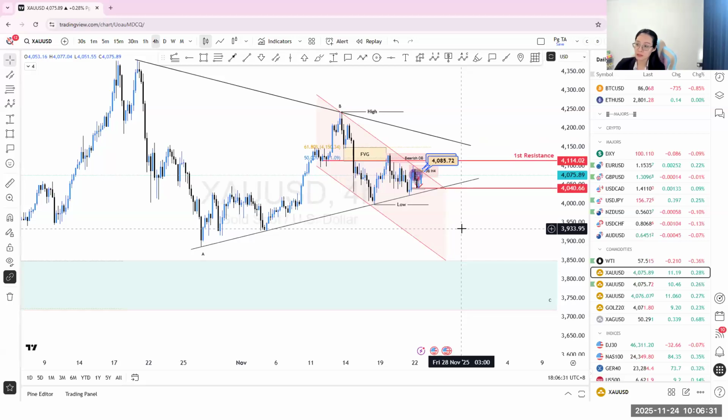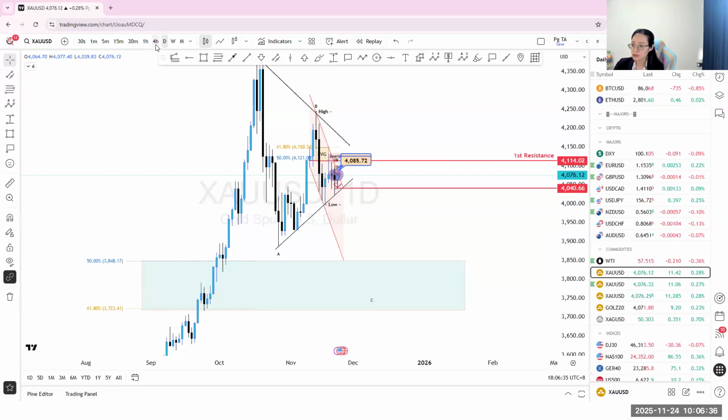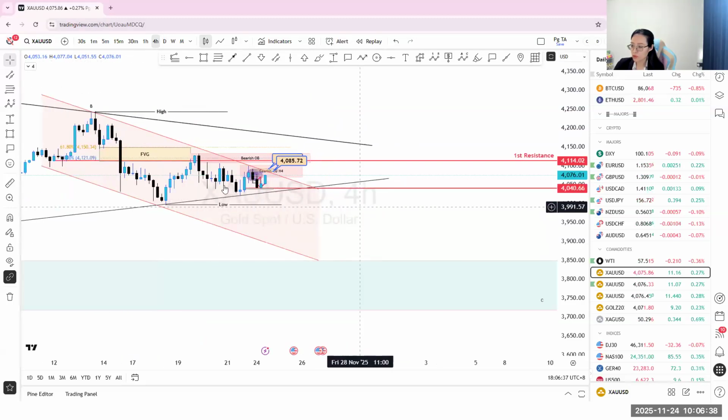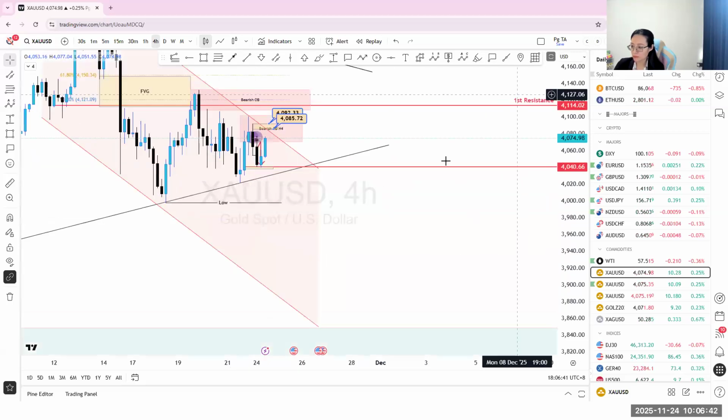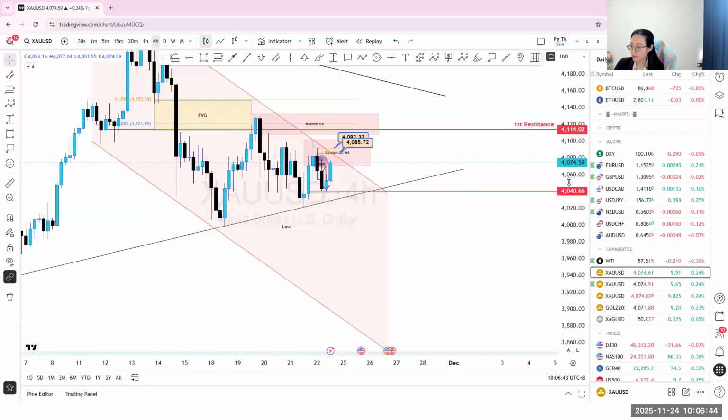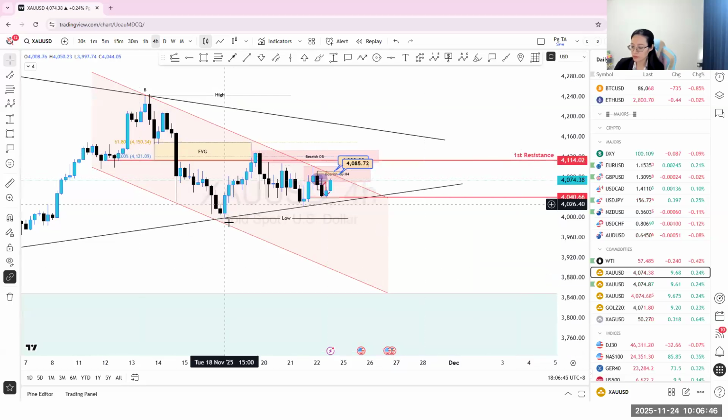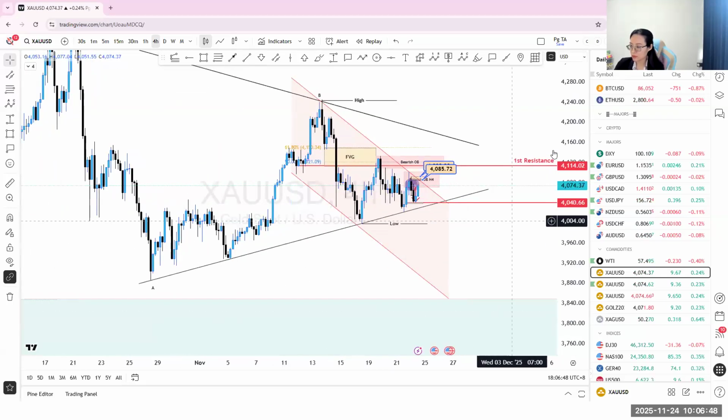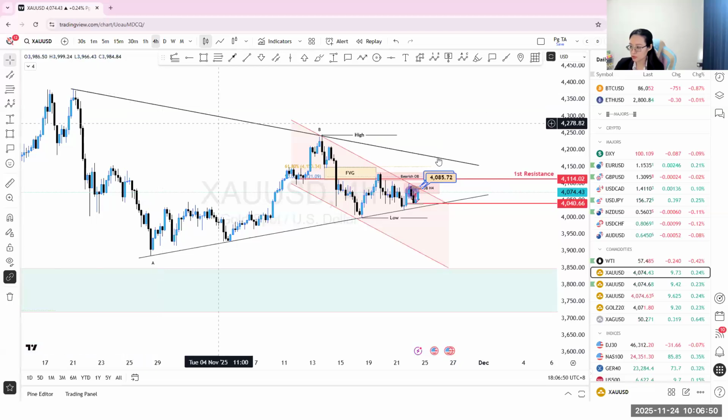Why? One, the daily time frame closed with a bearish candle. Second, H4 was bullish, but right now they bounce from the support level. And now they are playing with a trend line, or you could say just a triangle.